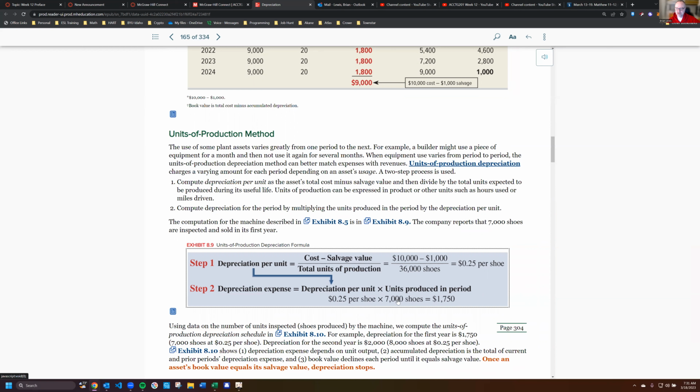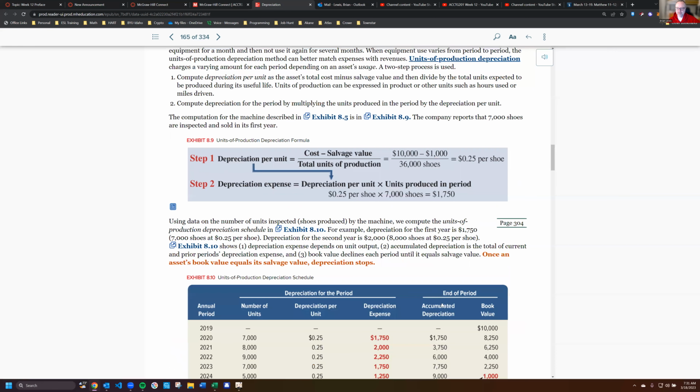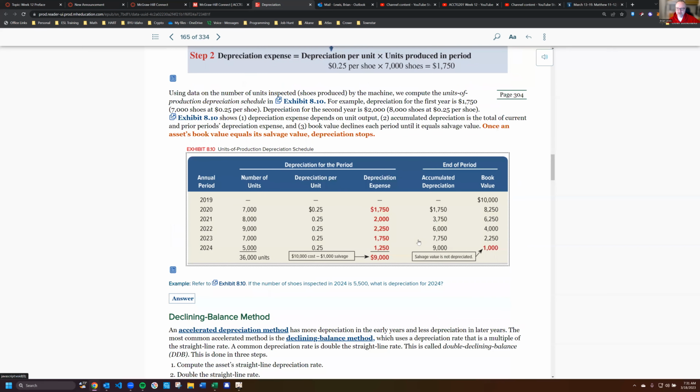Every time you sell a shoe, you depreciate the plant asset by 25 cents. So 7,000 shoes over a period of time times 0.25 gives you $1,750 in depreciation. It's going to work through the same way, and you can create the depreciation schedule just like this if you'd like.